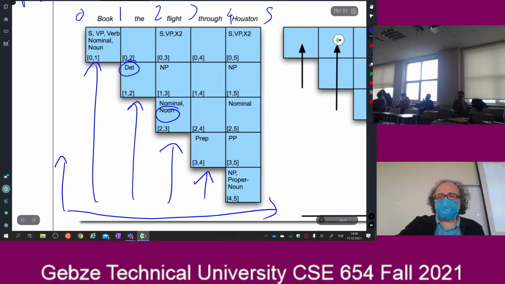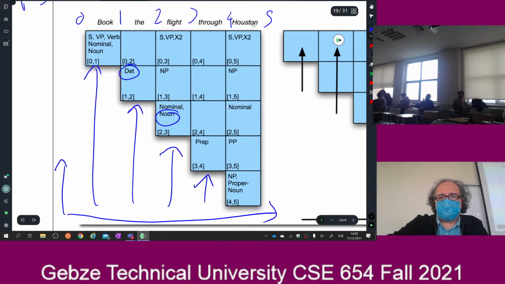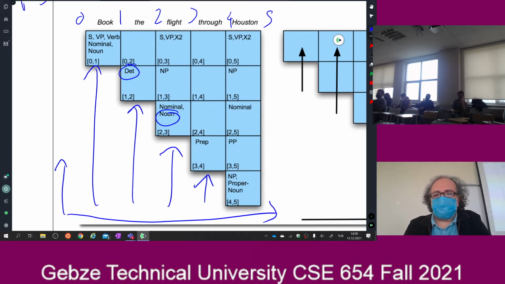When I come to this one, 4, 5 is Houston. It is either noun phrase or proper noun. And 3, 5, what is 3, 5? From 3 to 5: preposition, noun phrase, yes, that makes a prepositional phrase. So I can put this PP here.